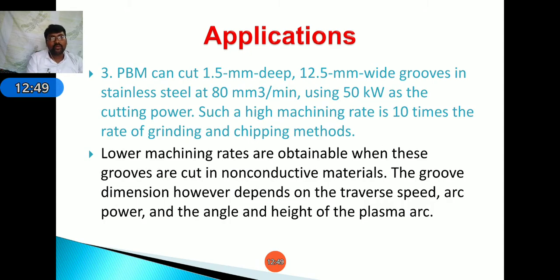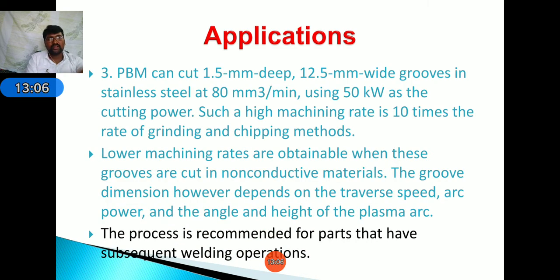Next, lower machining rates are obtainable when grooves are cut in non-conductive materials. The groove dimensions depend on the travel speed, power, angle, and height of the plasma. Next, the process is recommended for parts that have subsequent welding operations.